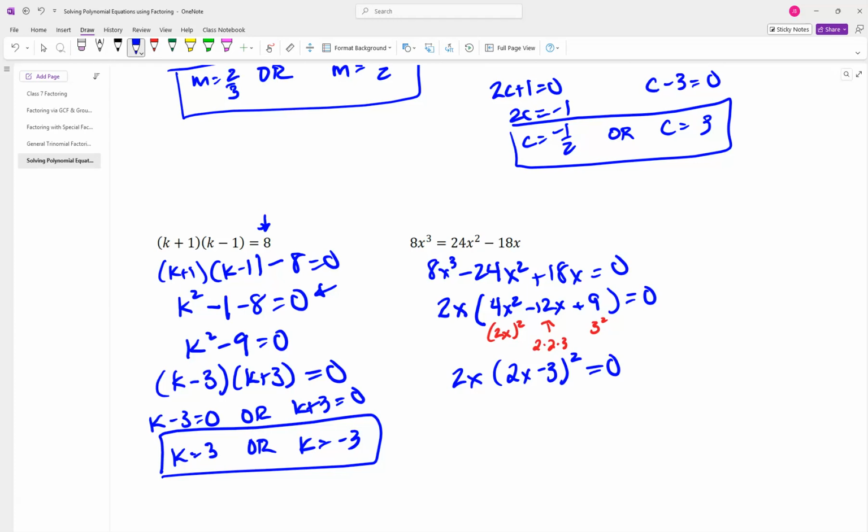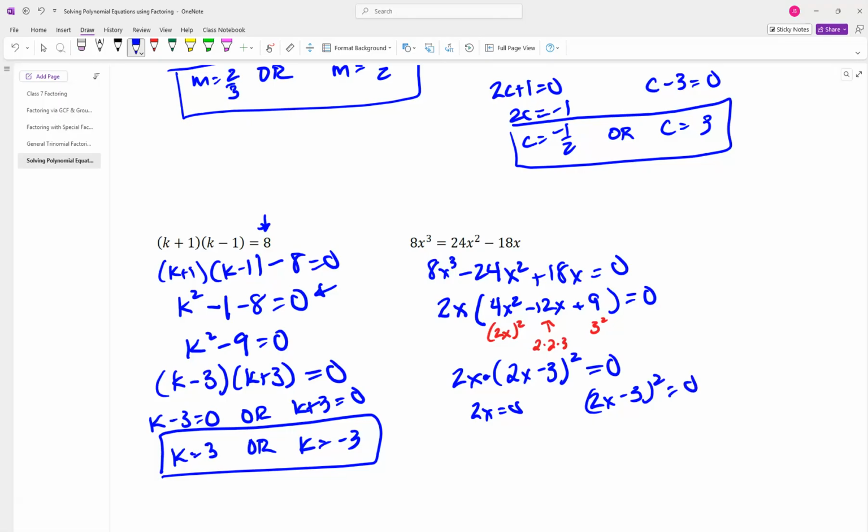Technically I have three things here, but the zero product property still applies as long as you have a bunch of things all multiplying together to give you 0. Just set each of them equal to 0 independently. So 2x would equal 0, and 2x minus 3 squared is equal to 0.